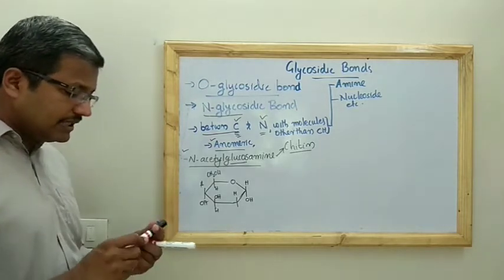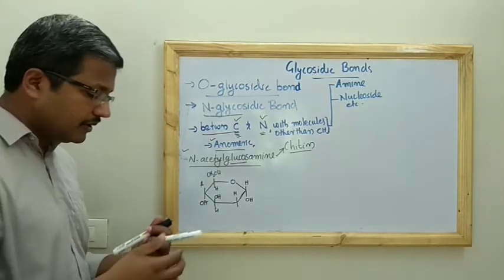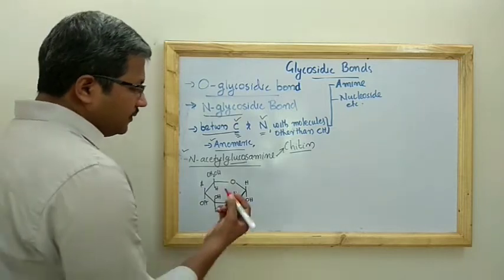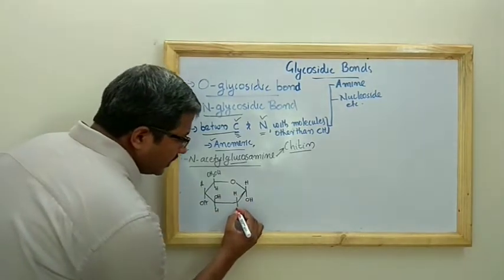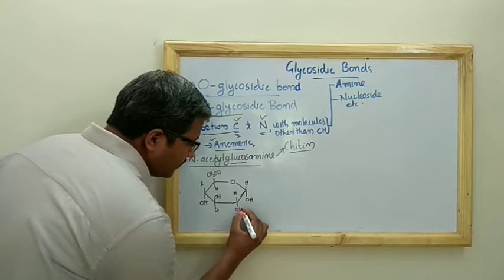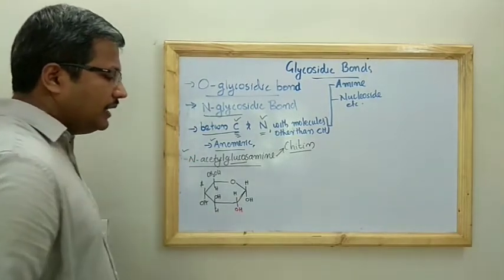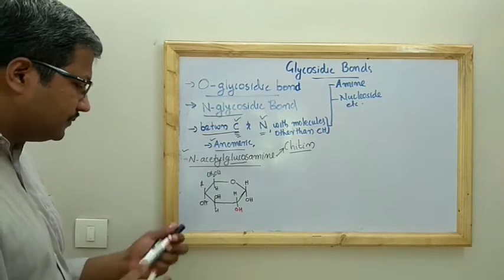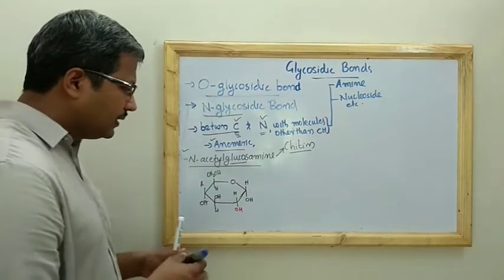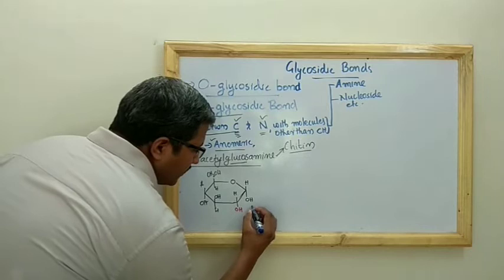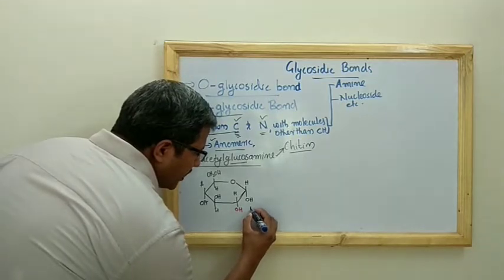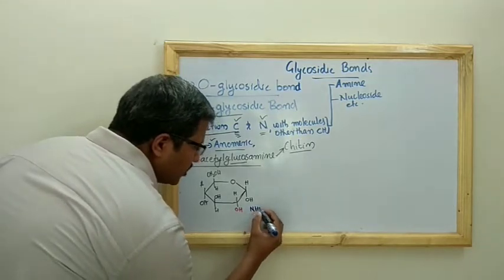Now the acetylamine comes. We can see the OH here, OH here, and I'm just showing the amine NH2.